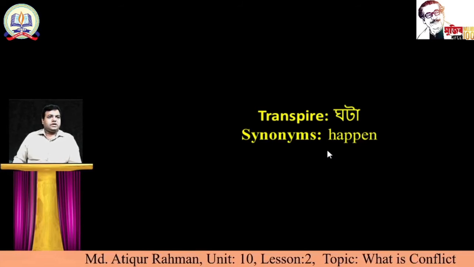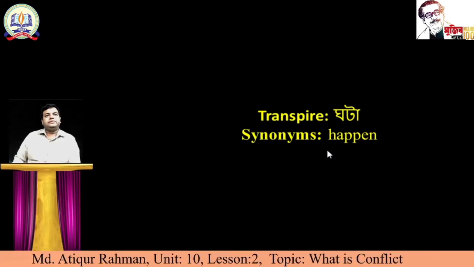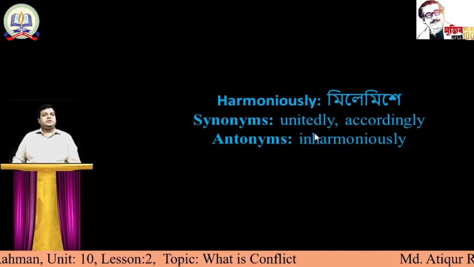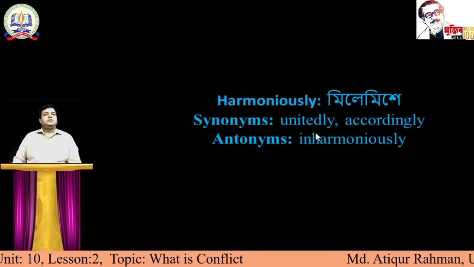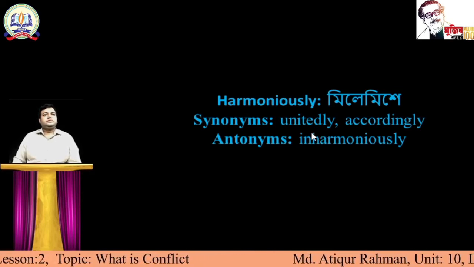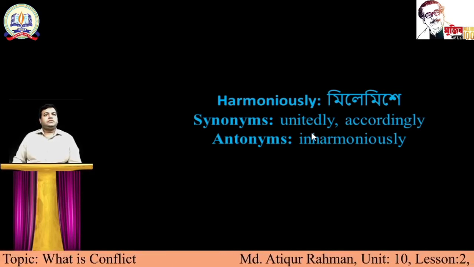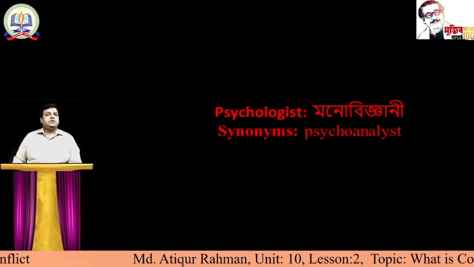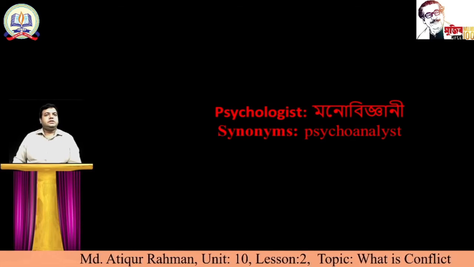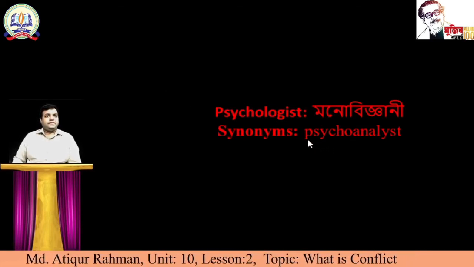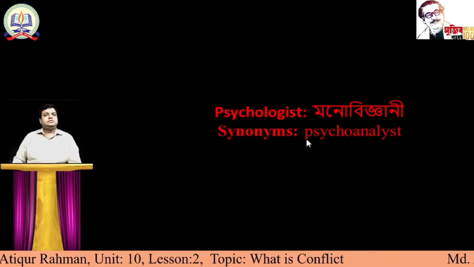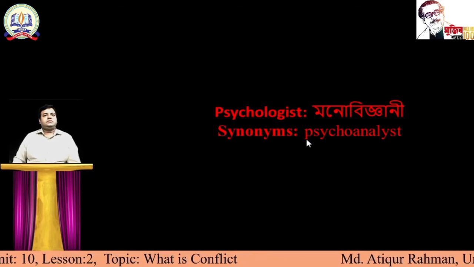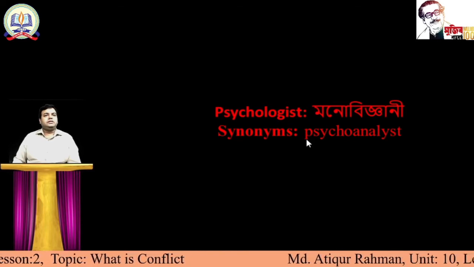Transpire means ঘটা. Synonym is happen. Harmoniously means মিলেমিশে. Synonyms are unitedly, accordingly. Antonym is inharmoniously. Sorry, only one antonym is given here, that is inharmoniously. Psychologist, that means a person who studies the mind. Synonym of this word is psychoanalyst.